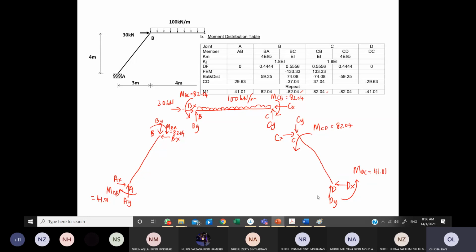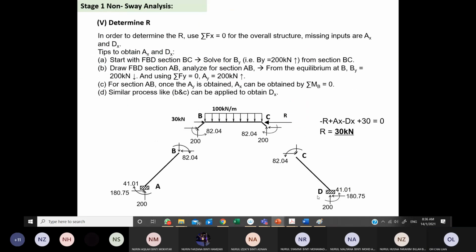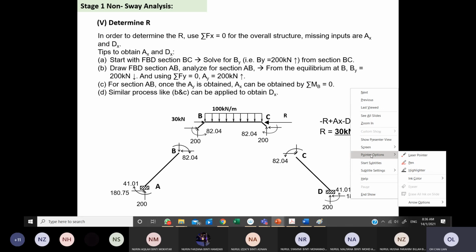If you can see that I have put tips here. So we are going to follow these tips. If you compare to the lesson that I shared with you for the class 1, you will find that this example or this problem has extra steps. So let's see how we tackle this.